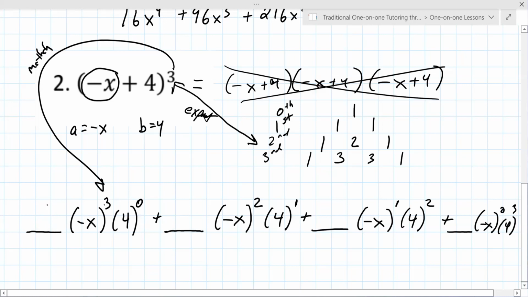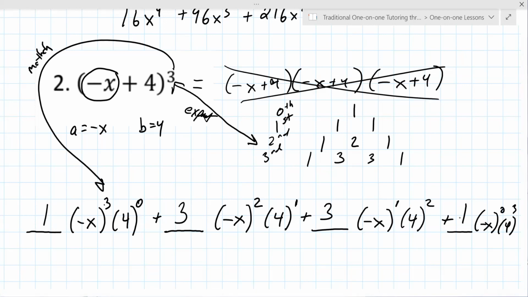And then you fill in those placeholders with numbers from the Pascal's triangle. So again, brief review.